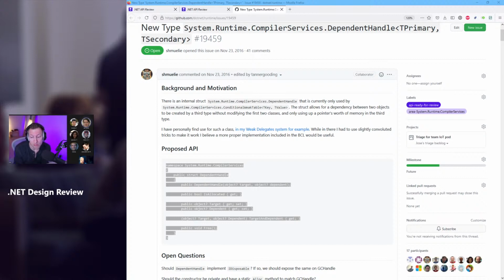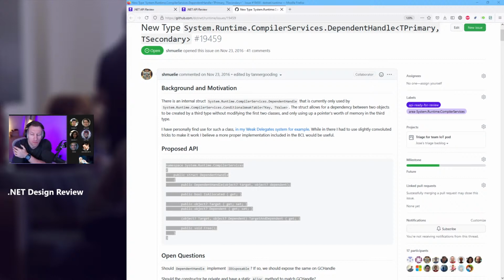You can just do var target, underscore equals handle.target independent, and that gives you just the one you want. If dependent handle had public void decompose out object target, out object dependent, then you would say target, dependent equals handle. Right. Is there an argument that properties are more visible than deconstruct methods?